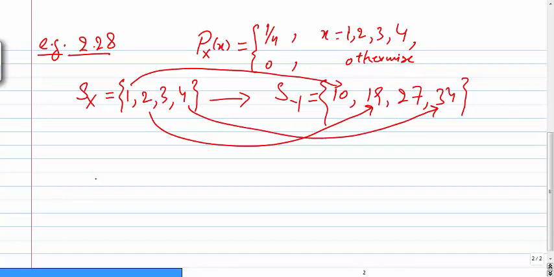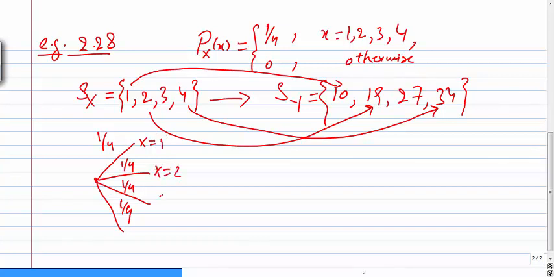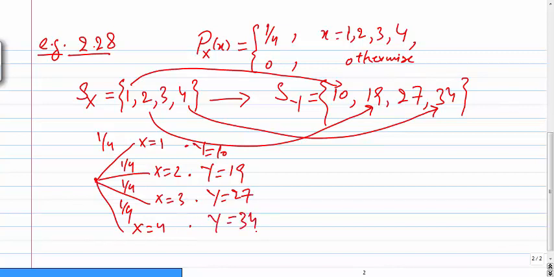So now for X we have 4 possibilities with probability 1 by 4 each: X equal to 1, X equal to 2, X equal to 3 and X equal to 4. These are mapped to Y: capital Y equal to 10, capital Y equal to 19, capital Y equal to 27 and capital Y equal to 34.